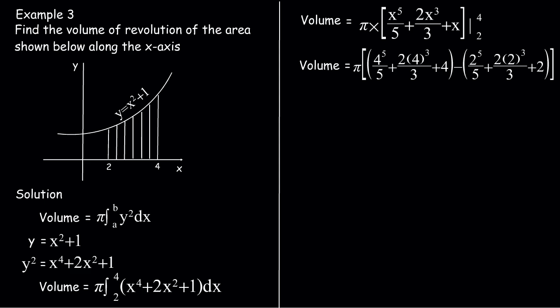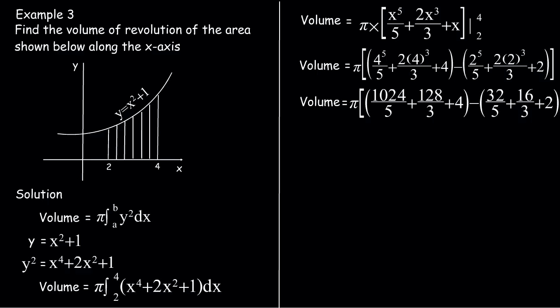And evaluating our powers, it becomes volume is equal to pi in bracket 1024 divided by 5 plus 128 divided by 3 plus 4 minus in bracket 32 divided by 5 plus 16 divided by 3 plus 2.